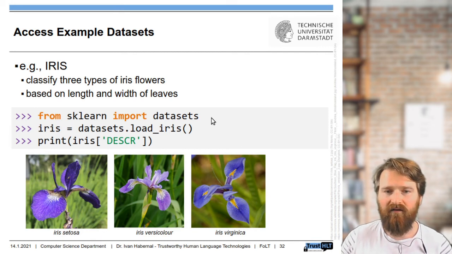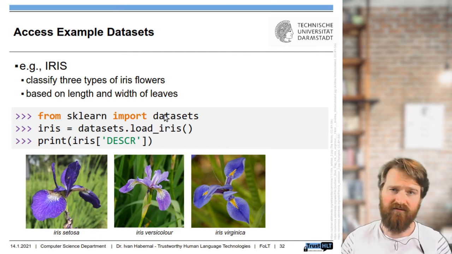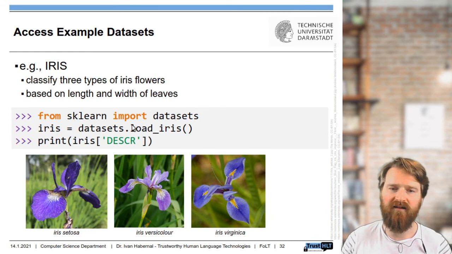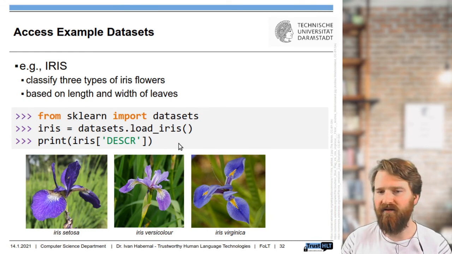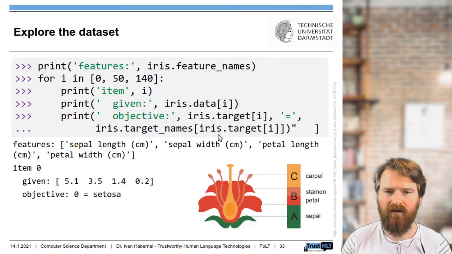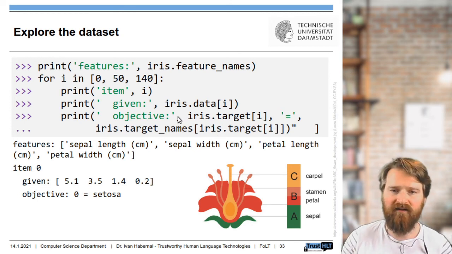So in scikit-learn, we also have data sets, something like we have corpora in NLTK. And this is how you load the iris data set. It has some description and shows some statistics. You may want to have a look at the features that are already there in the data set.